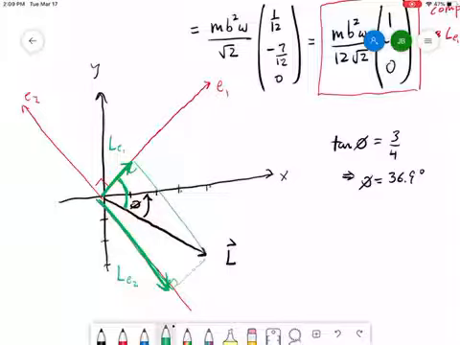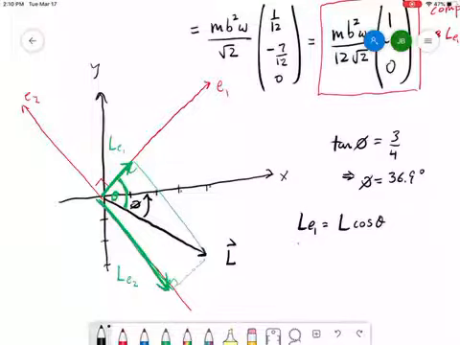If I knew that angle, let's suppose I call it theta, then I could write that LE1 is the side adjacent to this angle theta, and the hypotenuse is a length of L, the magnitude of our angular momentum, so this is going to be L cos theta.